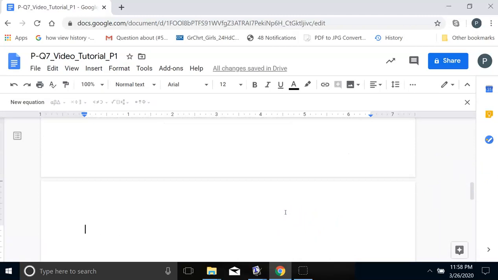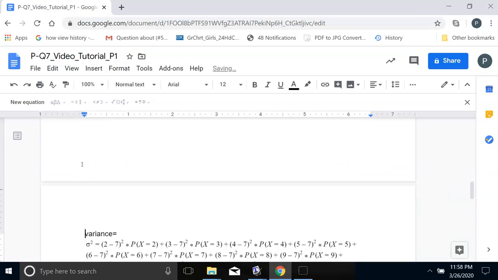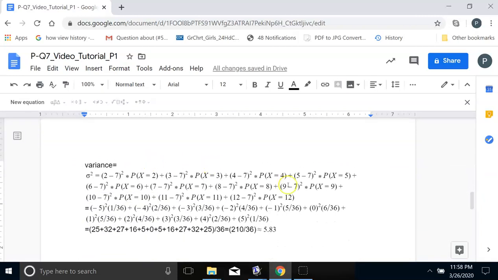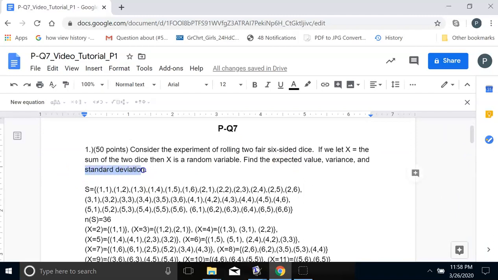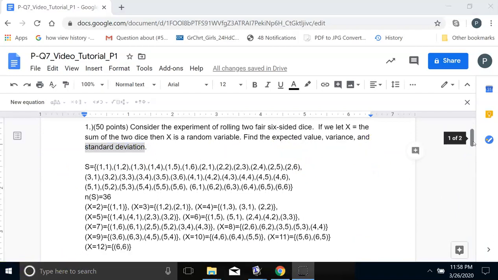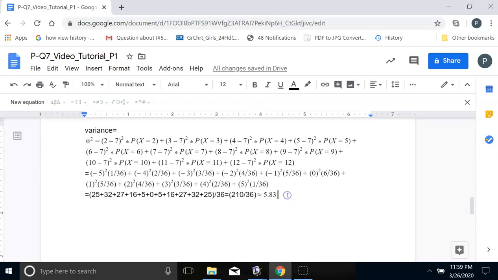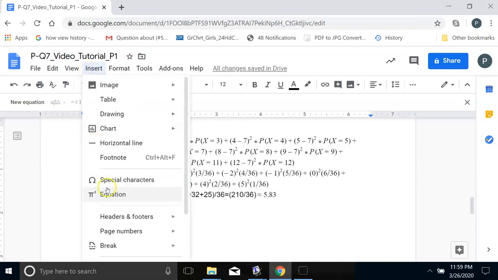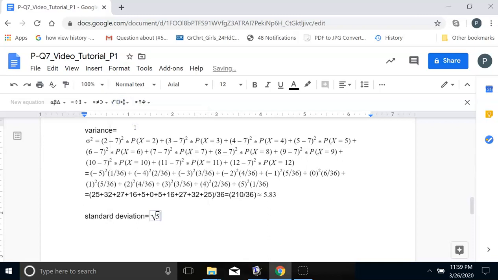Now to find the standard deviation, the standard deviation will equal the square root of 5.83, and that's roughly equal to 2.41.